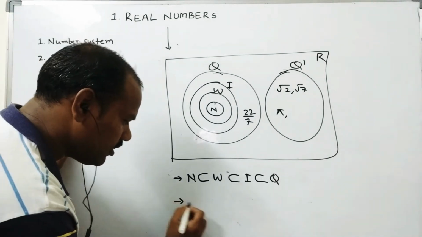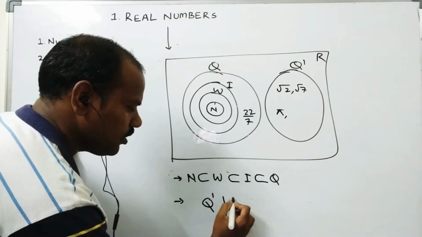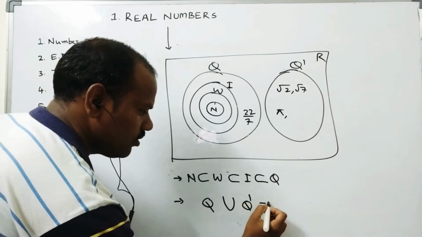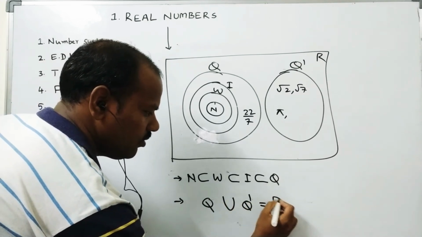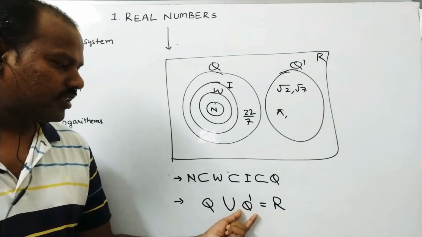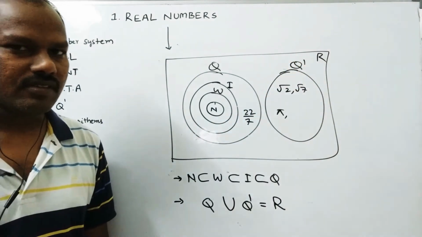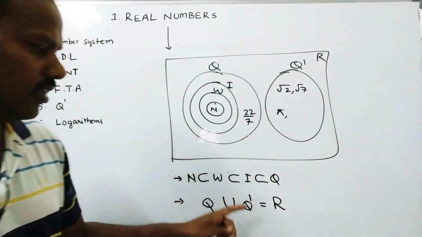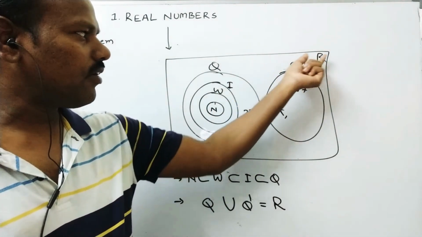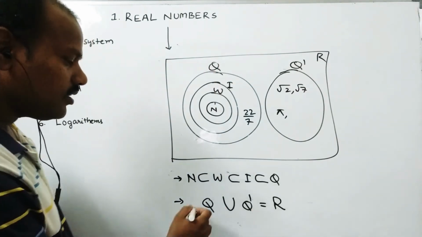And the second relation: Q union Q dash equals real numbers. Rational and irrational together form the universal set, which means a very big set. The remaining number systems are derived from real numbers, or are part of real numbers. So we can make this relation.